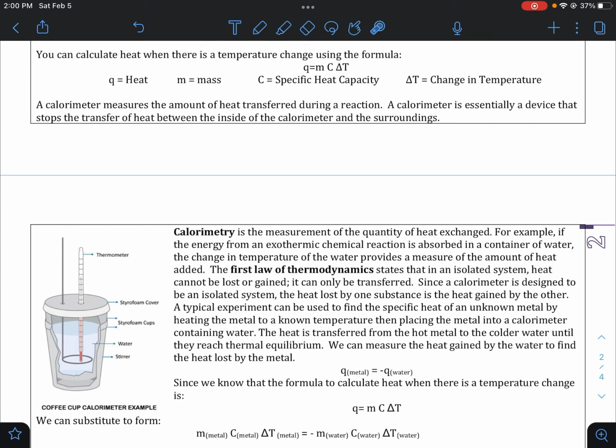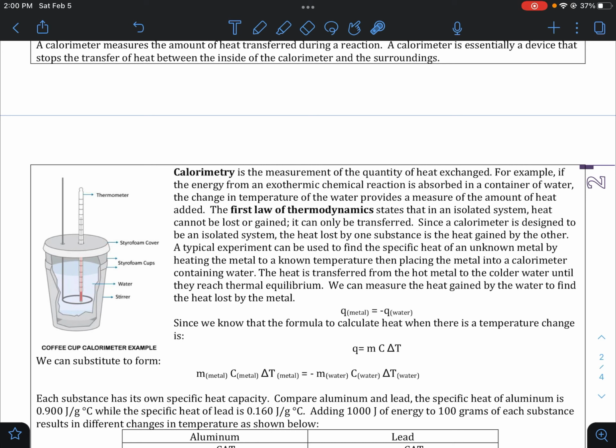This is often called coffee cup calorimetry, because it's like a styrofoam coffee cup. But regardless of whether we've got this kind of setup or, as you'll see later on, a really nice setup, it's still the process of measuring the amount of heat transferred during a reaction.